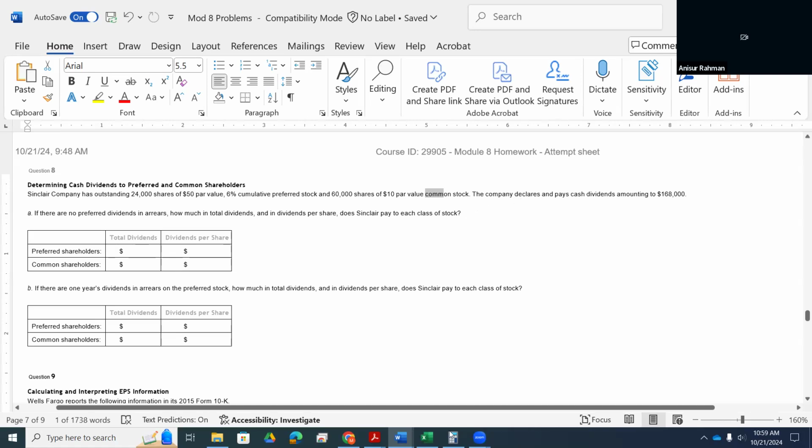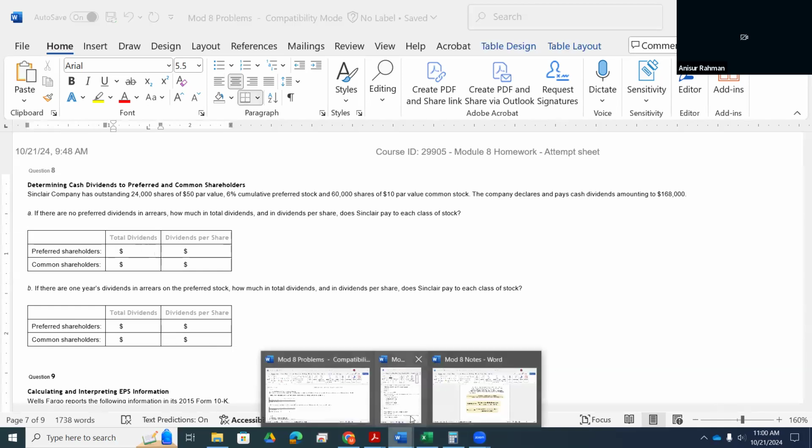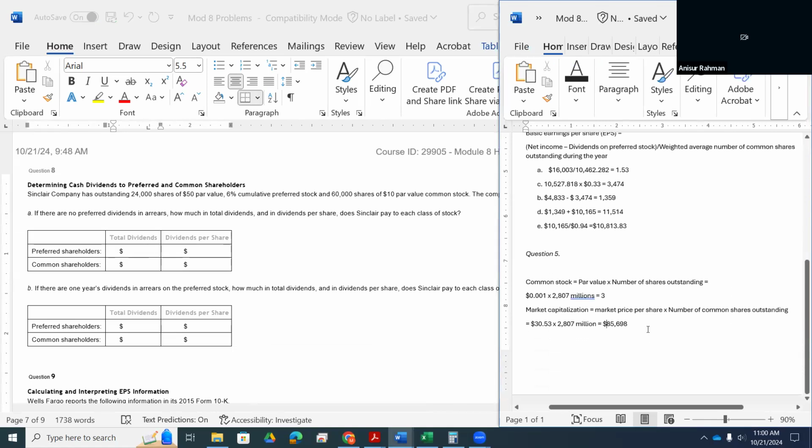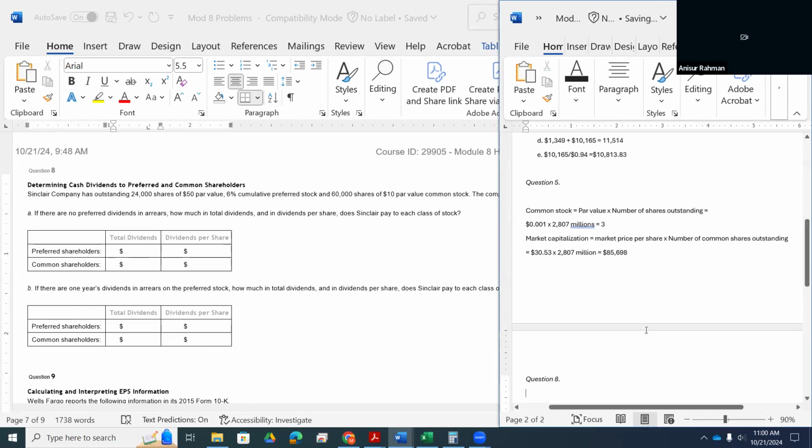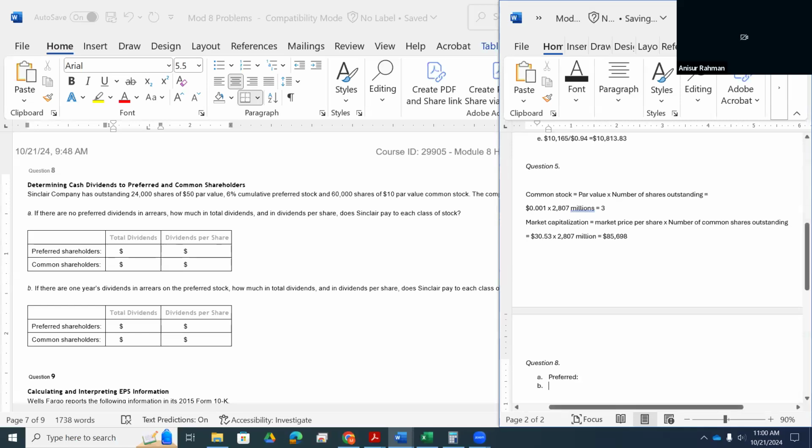So for preferred shareholders, total dividends will be dividends per share multiplied by number of preferred shares outstanding.